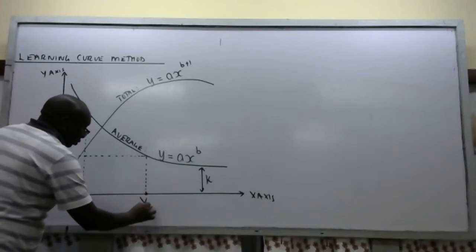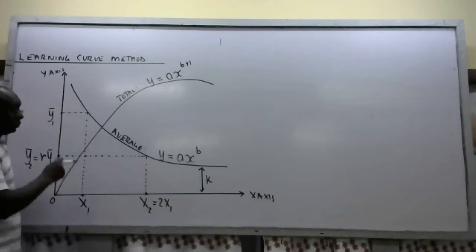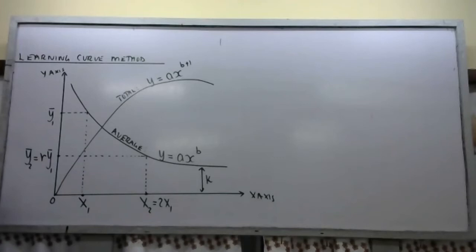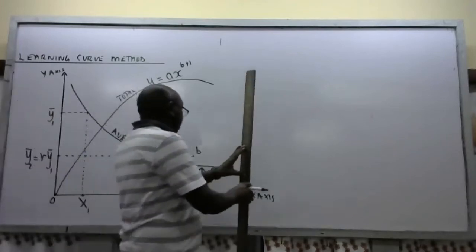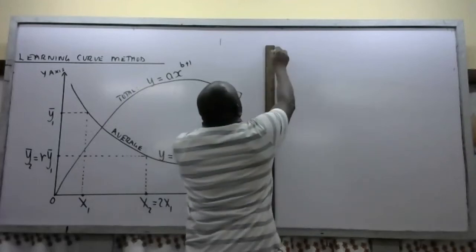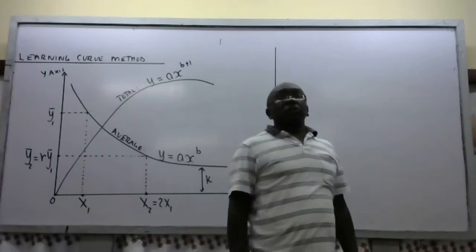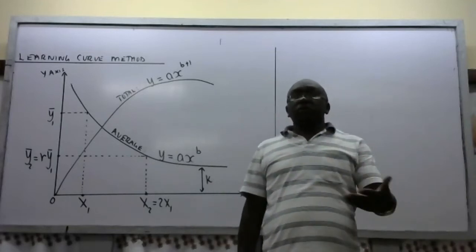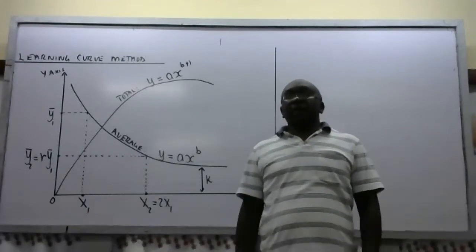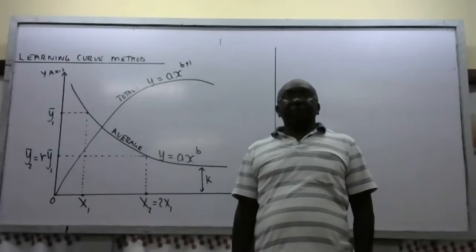This is x2, which is 2x1. So that is how a running curve is illustrated. When you start to do something, you take a lot of time before you complete it. But as you do it over and over again, quality improves and you take less time.